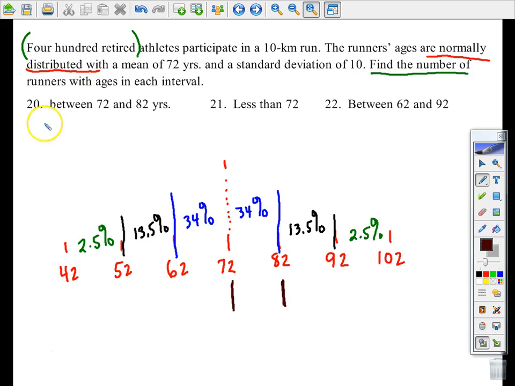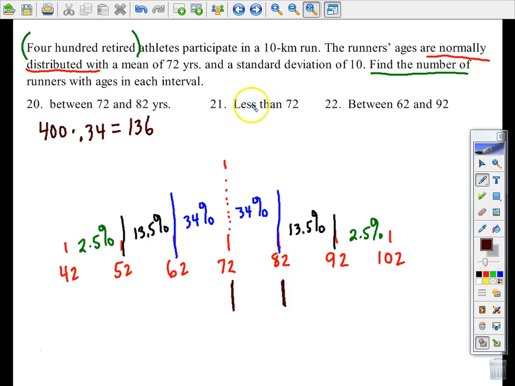And so since I've got 400 runners and this range represents 34% of them, then I'm going to do this multiplication. 400 times 0.34, and that gives me 136. Okay, so that's my answer for number 20.